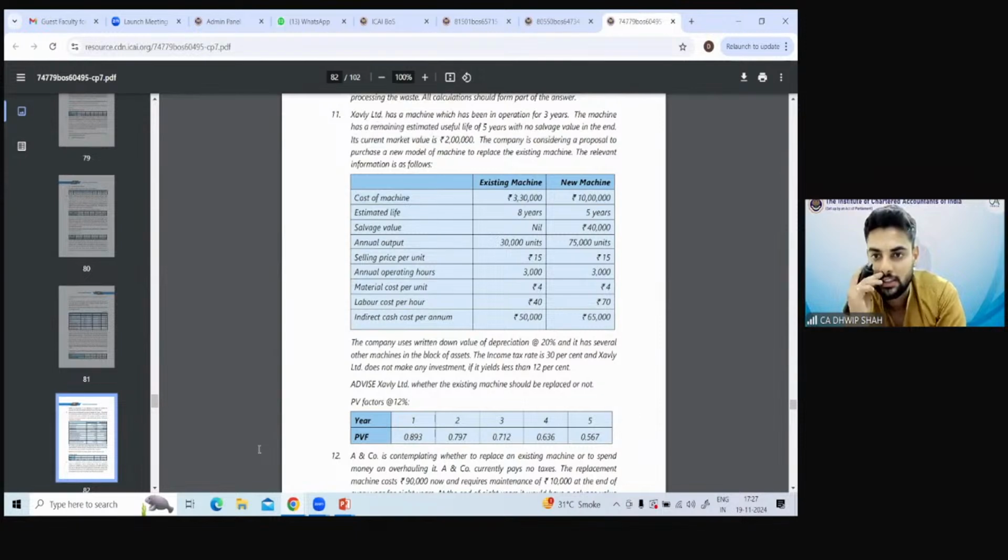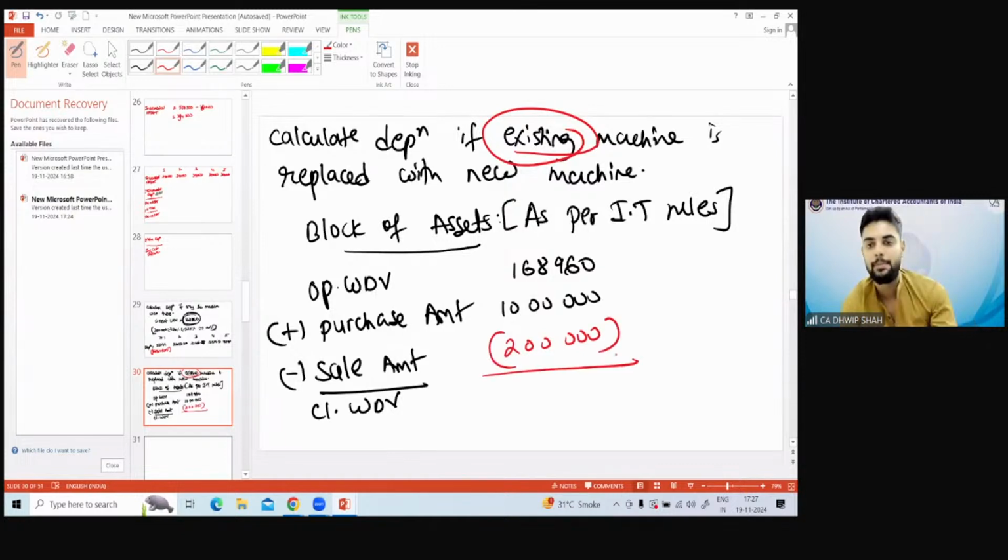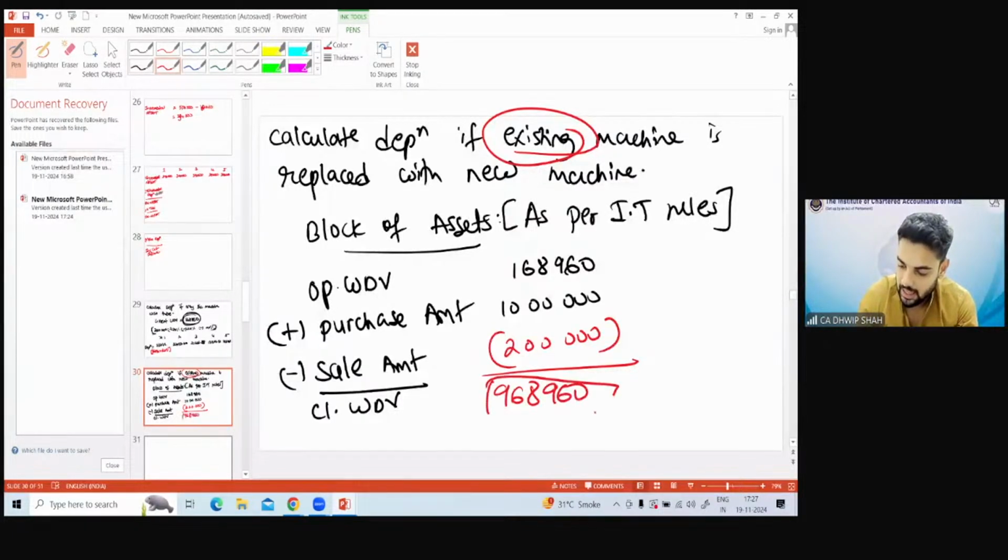Are you following this? So my sell price would be 2 lakh. So my closing WDV for depreciation purpose would be 168,960 plus 10 lakh minus 2 lakh. So to depreciate the new machine, I will not use 10 lakh. I will use 968,960.